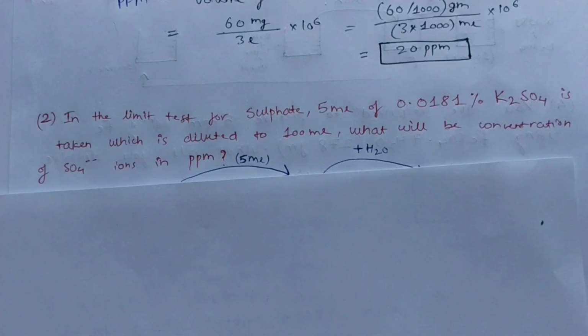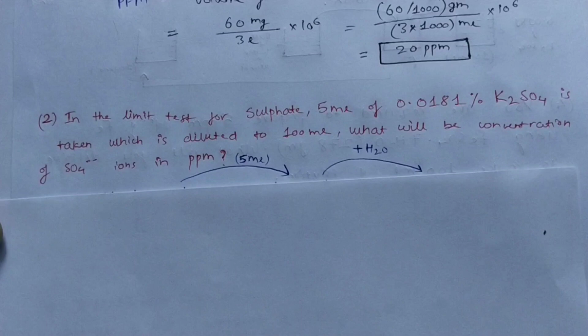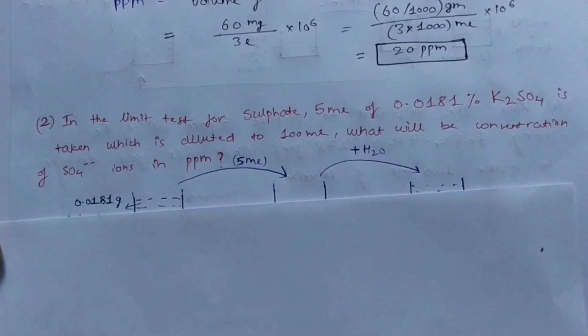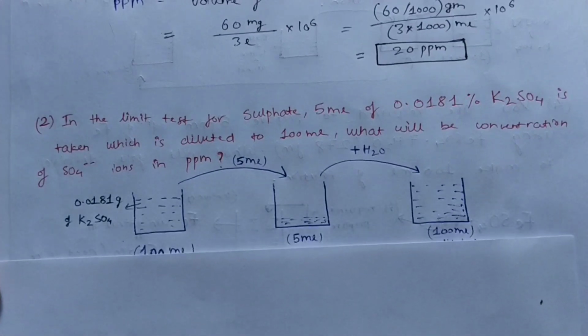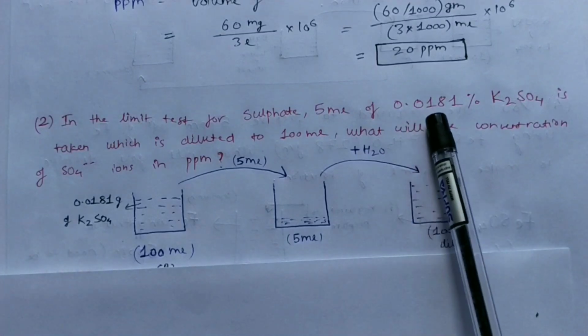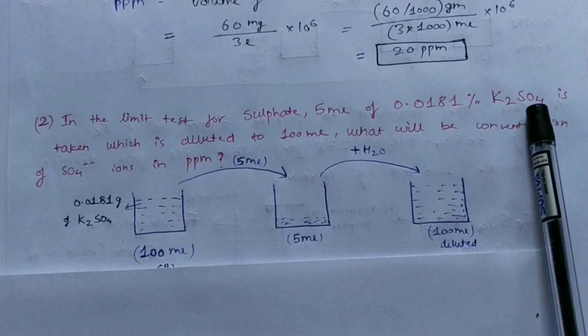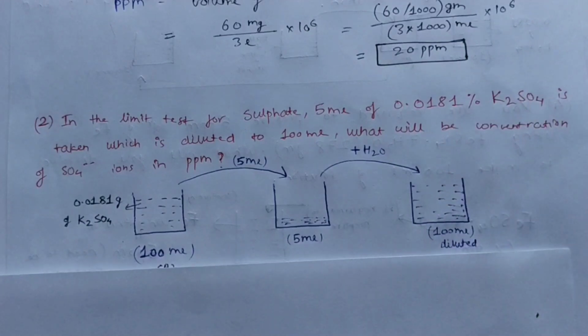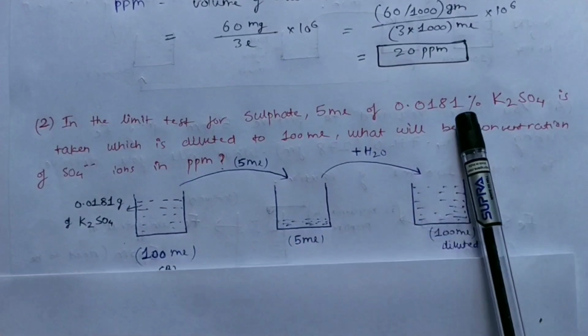If I try to explain it in an easier way, this question is saying you have 0.018% potassium sulfate. It can be 1 liter, it can be 3 liter, whatever, but the concentration is 0.018%.